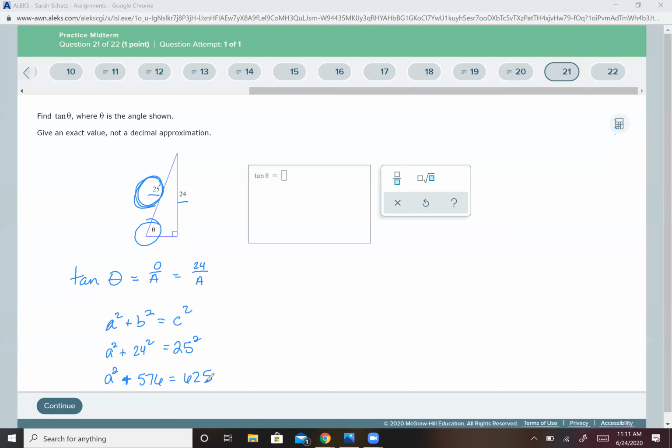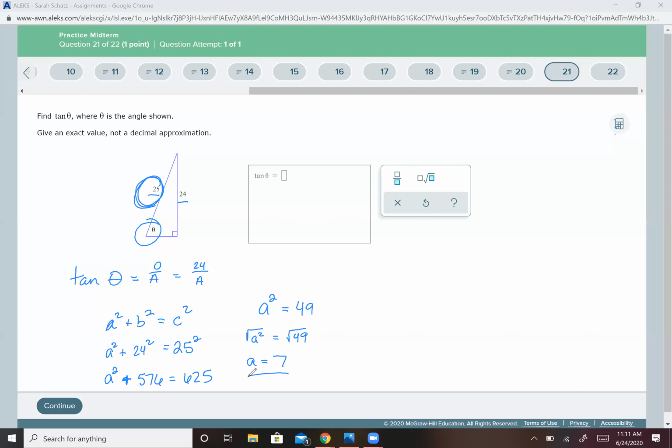So we're here. So I need to subtract 576 on both sides. And then when I take that 625 minus 576, you get 49. And that's good because then remember you do have to square root both sides to get A. You know it's going to be positive because this is a triangle and you're looking for a side length.